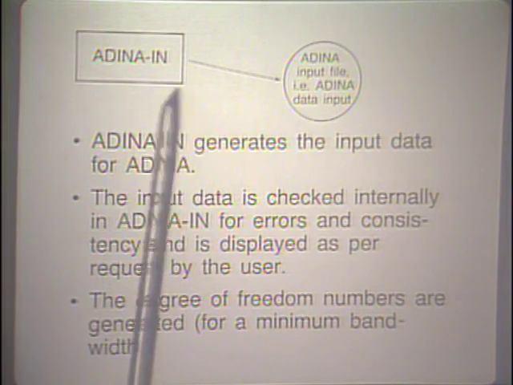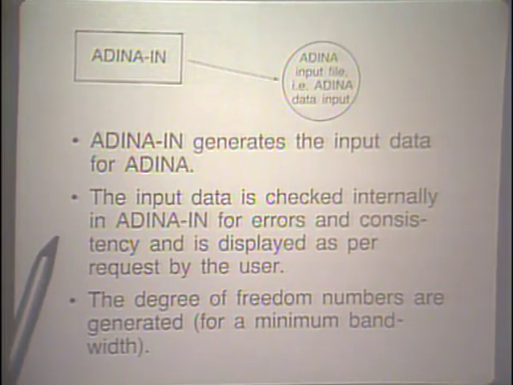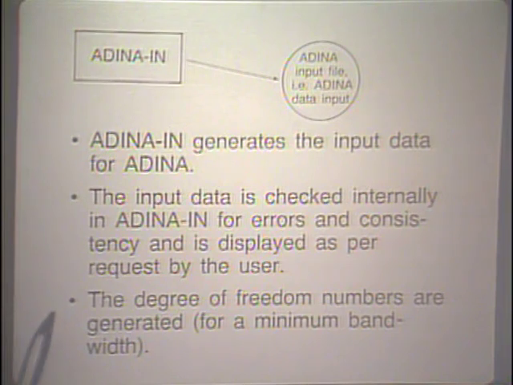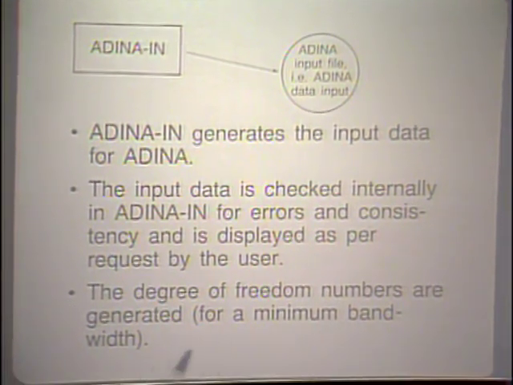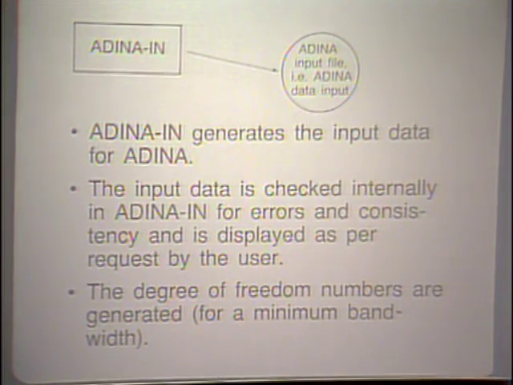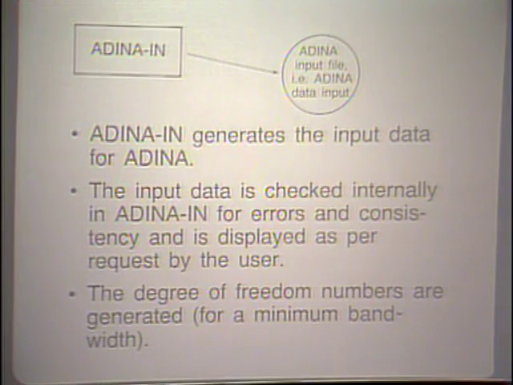The input data is checked internally in ADINA-IN for errors and consistency, and also is displayed as you are requesting it as a user. The degree of freedom numbers are generated, and to obtain a minimum bandwidth, we have a bandwidth minimization algorithm in the program, as I will point out a bit stronger later on.